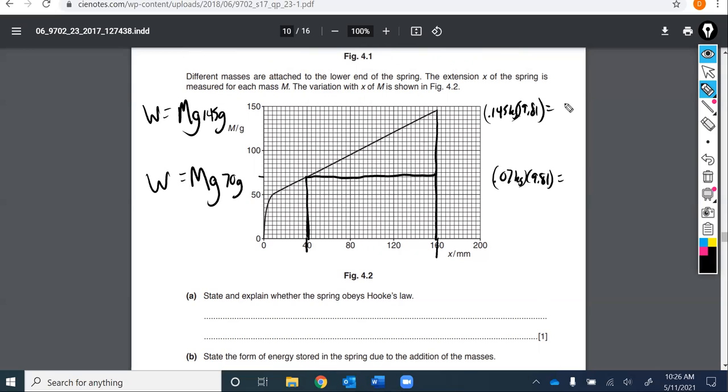If I've got 0.145 kilograms times 9.81 newtons per kilogram, I've got 1.42 newtons there. So 1.42 newton force. 0.07 kilograms times 9.81 was 0.6867. All right, so I have those forces.